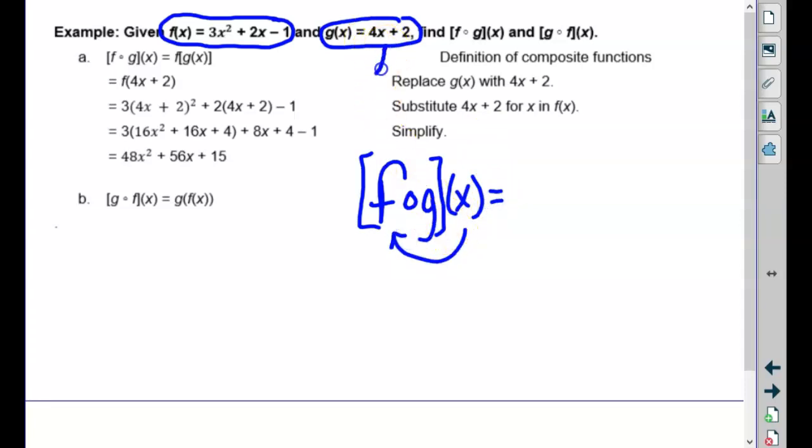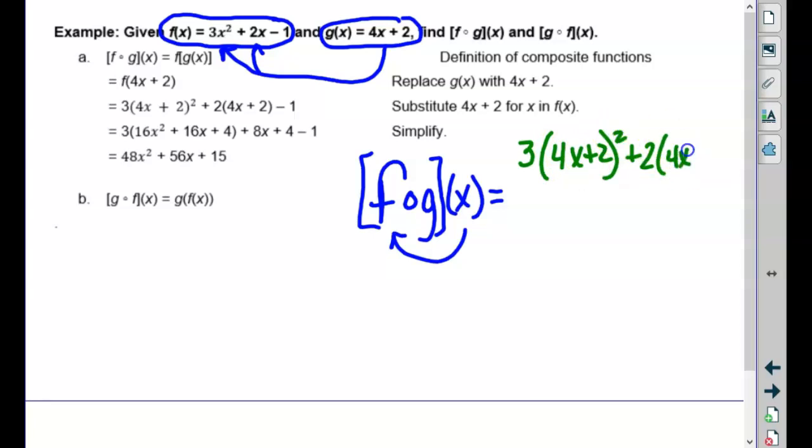So you're putting g into here wherever there used to be an x. This one's already done for you, so you can just watch, but it would be 3 times 4x plus 2 squared plus 2 times 4x plus 2 minus 1. You're putting this 4x plus 2 in for each of those x's.